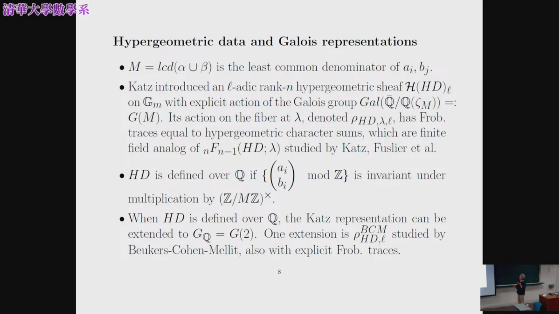To describe a Galois representation, we talk about the Frobenius trace. In this case, the Frobenius trace is given in terms of the hypergeometric character sums. And these hypergeometric character sums themselves are the finite field analog of the nFn-1 that we saw analytically. So I'm going to give you an example of this.